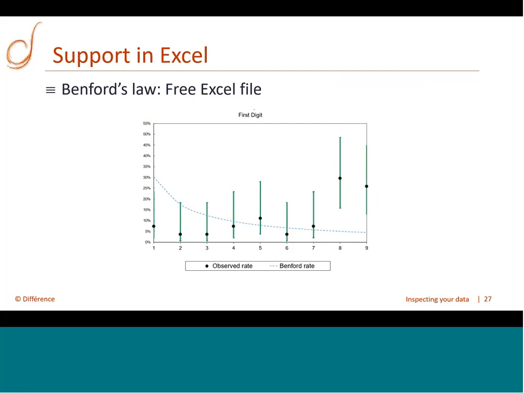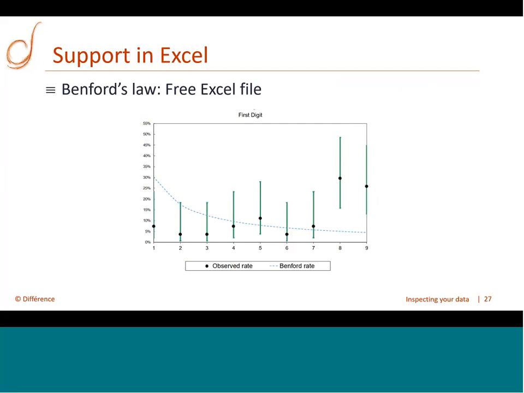Because my background is in statistics, I thought that something was missing there, which is that on the proportion of any digit that we see, there should be a confidence interval, because the precision of the proportion depends on the number of observations in your data set.